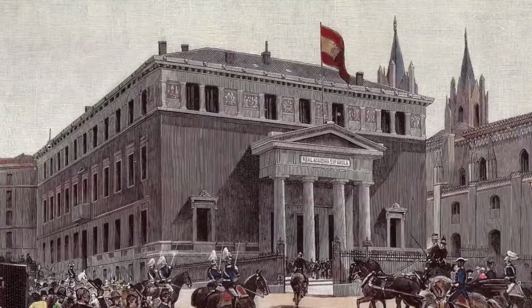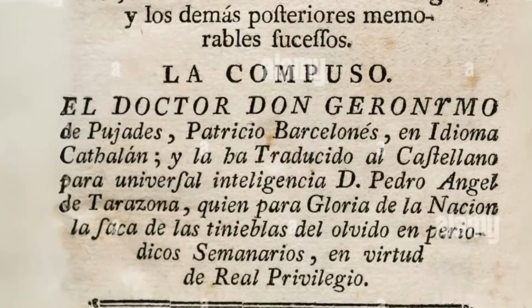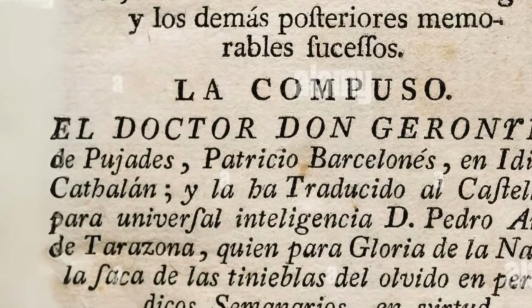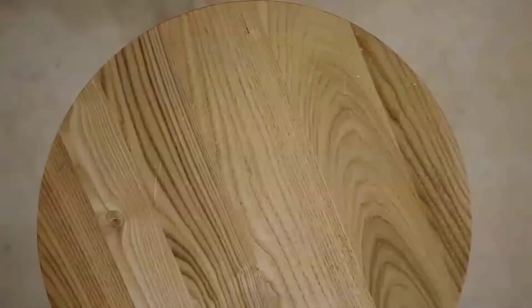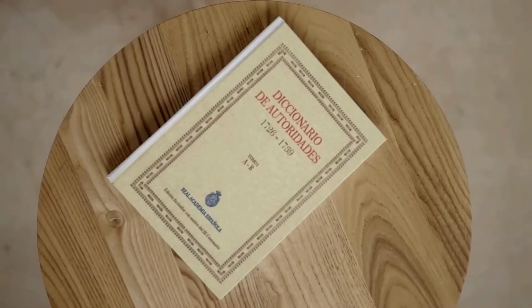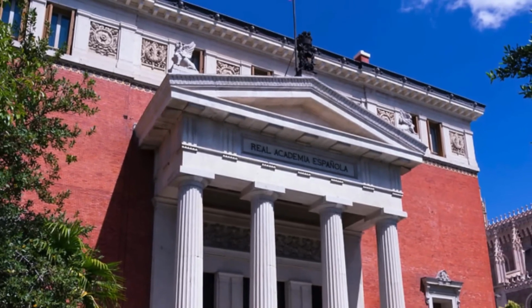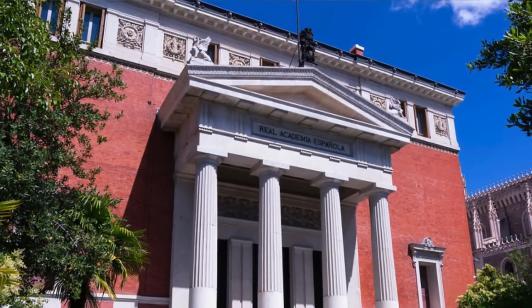Starting in the 18th century, the acute accent began to be used more uniformly in printed texts to mark the stressed syllable. In fact, in the orthography prologue of the Diccionario de Autoridades, from 1726, the Royal Academy definitively chose the acute accent as the standard form in Spanish.